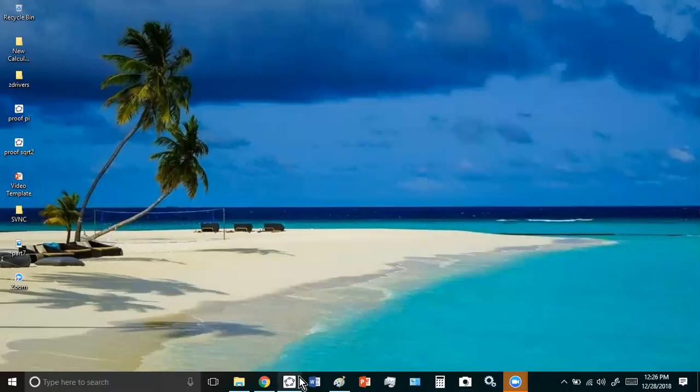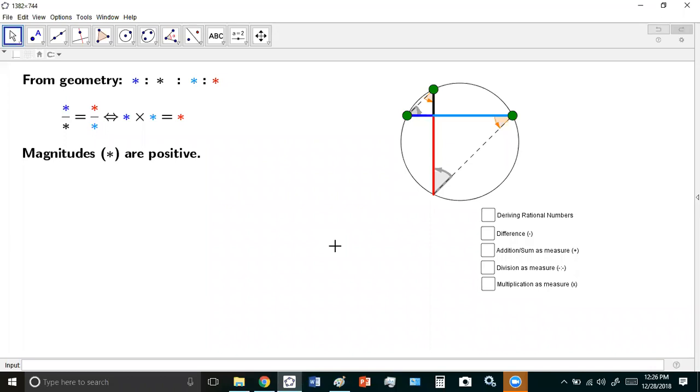Now, you'll remember that in the previous video, I showed you how you could use this black magnitude or line segment here as the unit, and that the product of the light blue line length and the dark blue line length would always give you the red line length, okay?